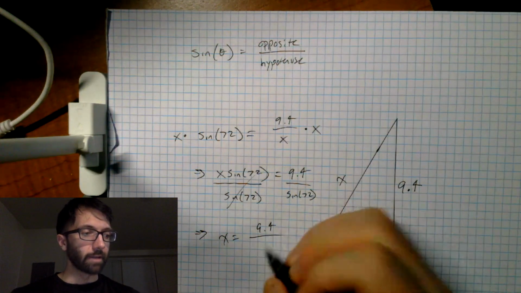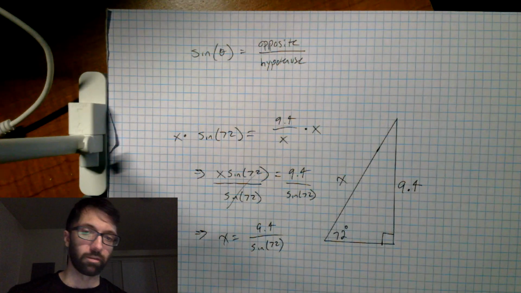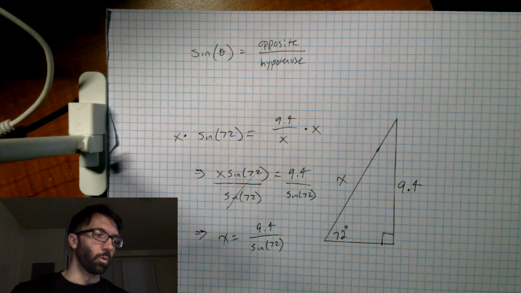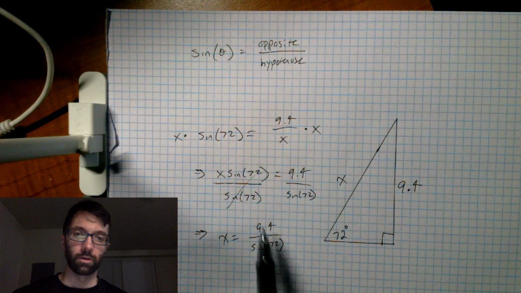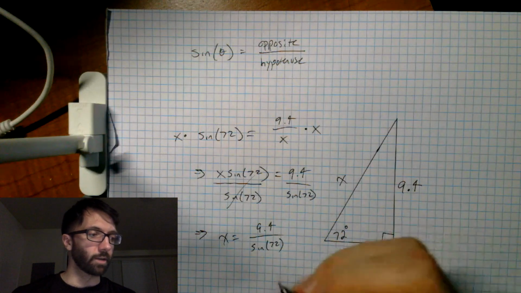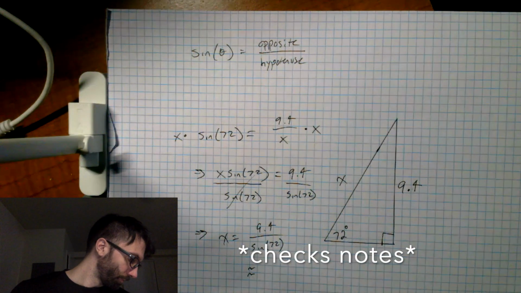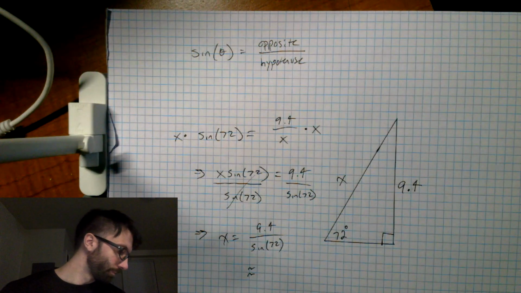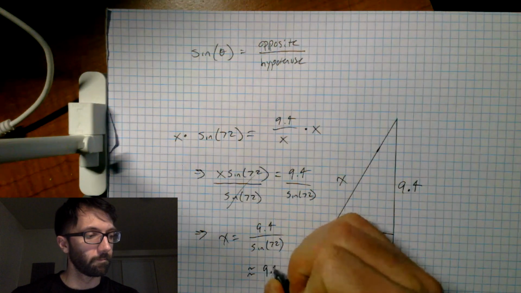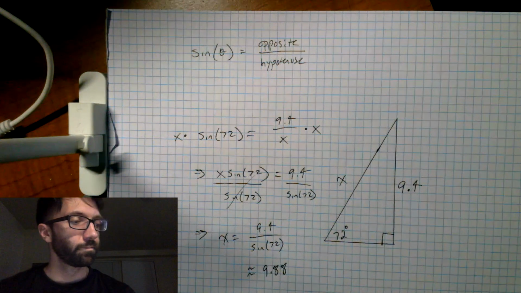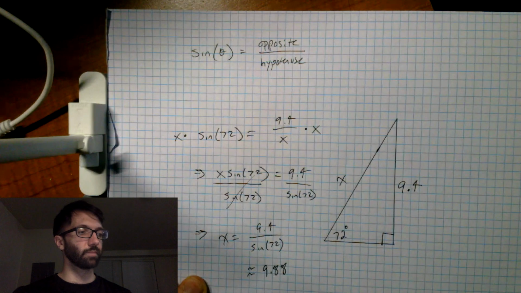Again, this is an exact answer, but if you're tasked with rounding to a certain decimal, or you want a better sense for how long this is, because it's difficult to tell from that expression, you can type it into a calculator and you will get approximately 9.88. All right, and with that said, guys, it's been demonstrated.